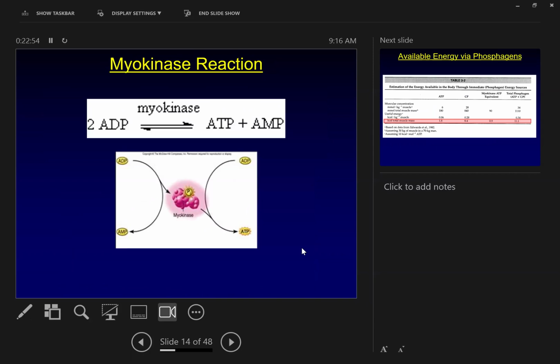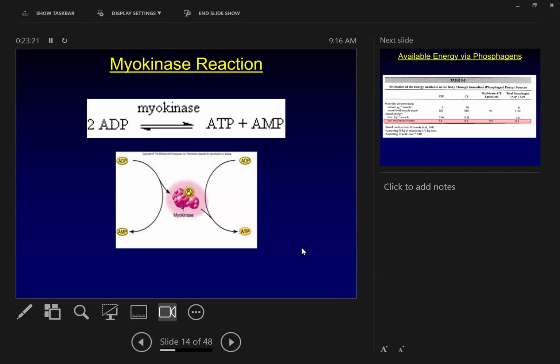Okay. One other oxygen-independent pathway that I want us to talk about. It's relatively rare, and we don't have a great capacity to generate energy from it, but it's called the myokinase reaction. So when we get really desperate for ATP, we do what we just did, but rather than using creatine phosphate, we use 2 molecules of ADP.